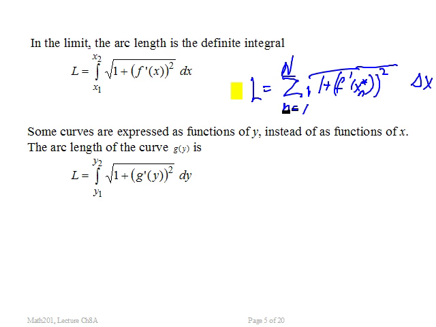We're taking the limit as delta x goes to 0. The result is a definite integral from x1 to x2 of the square root of 1 plus the derivative squared dx. You can also write the curve as a function of y, and you get a similar result. But this expression here is the arc length function.